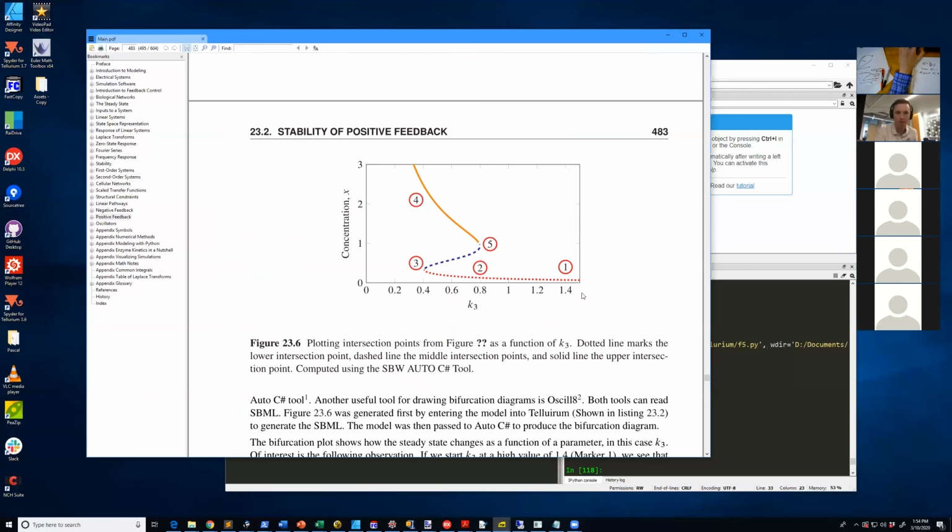This plots the intersection points on the y-axis and the value of k3 on the x-axis. These are all the steady state points. Here we have the unstable one here, stable here, stable here. Then I noted you could work your way around the loop by increasing k3, then decreasing k3, and you can do this loop all the way around the steady states.